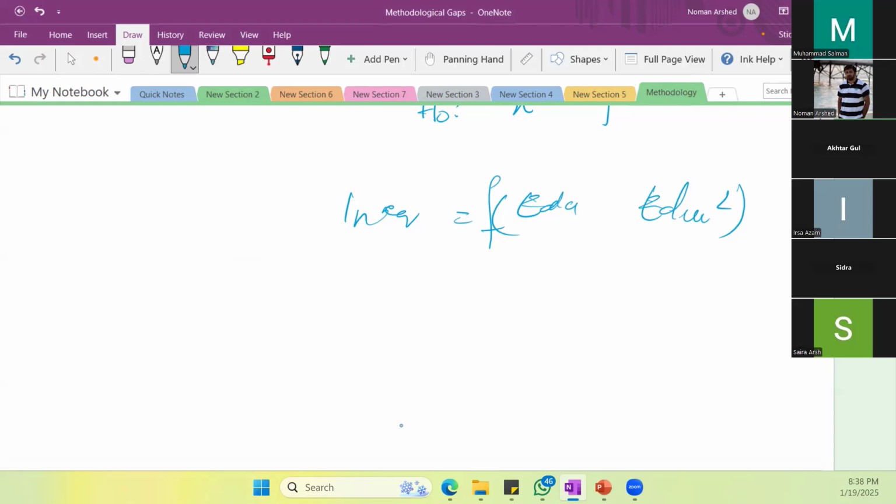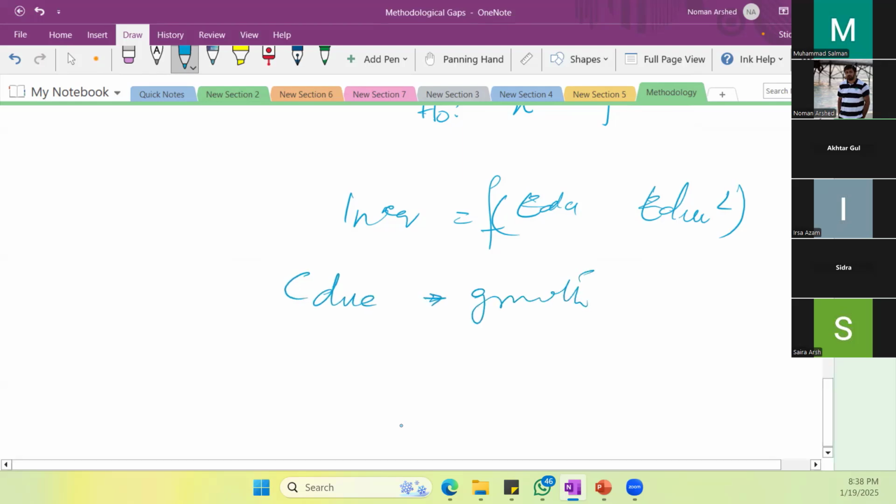So what I did, first of all, I connected education with growth through the endogenous growth theory, or there are many theories available, and then I connected growth with income inequality through the Kuznets curve.